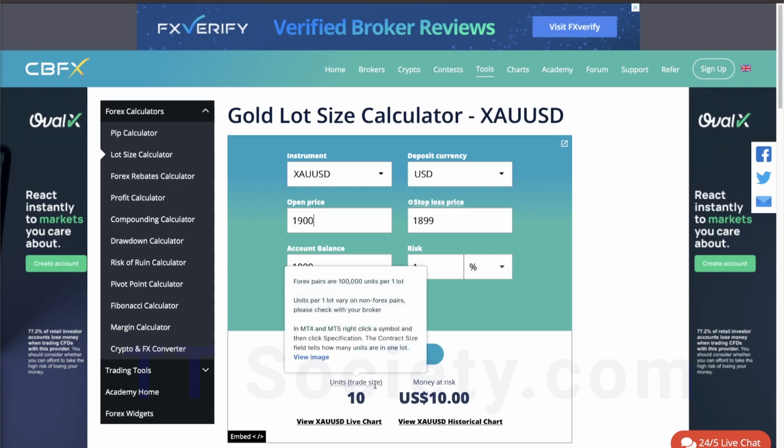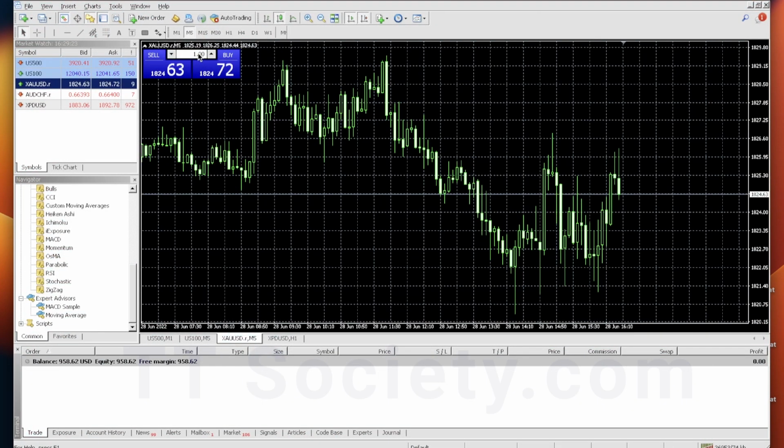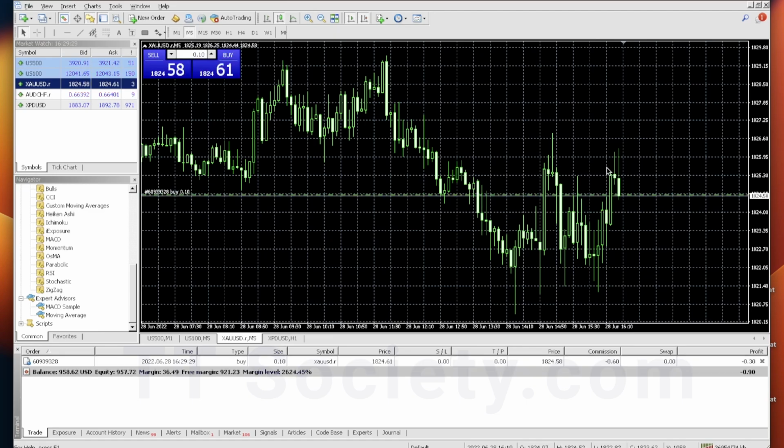So we're going back to MetaTrader to see how much that is. We're back in MetaTrader and I'm going to use that 0.1 lot size to buy at market price. And you can see I have an open position here with a size of 0.1.